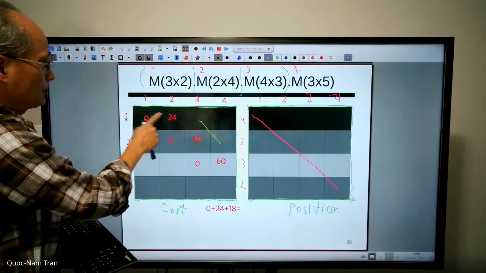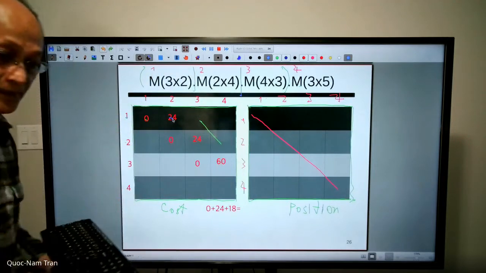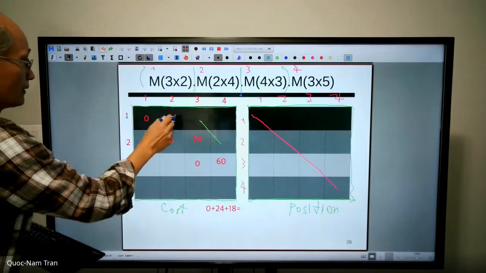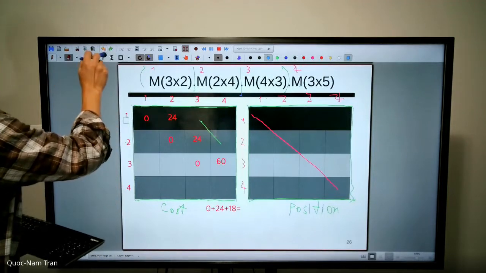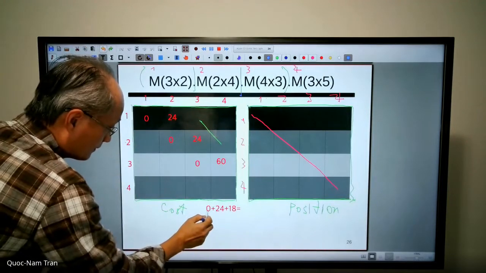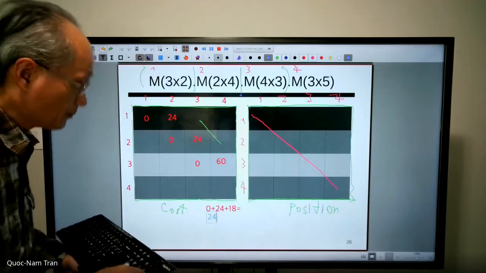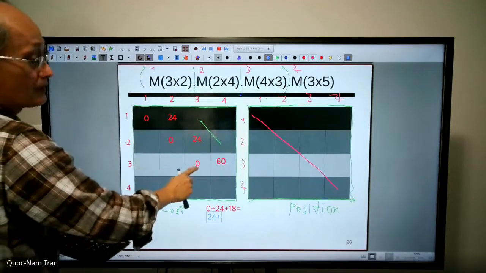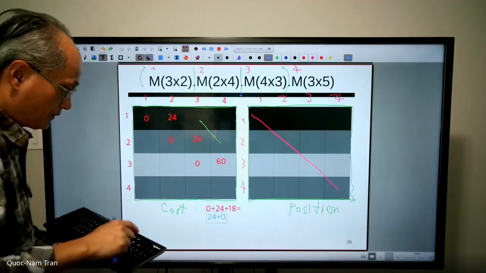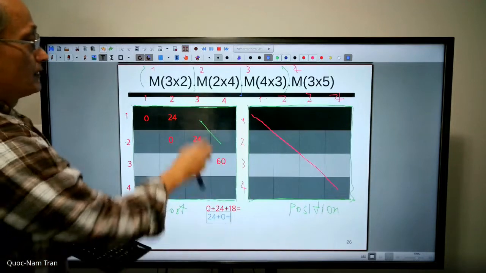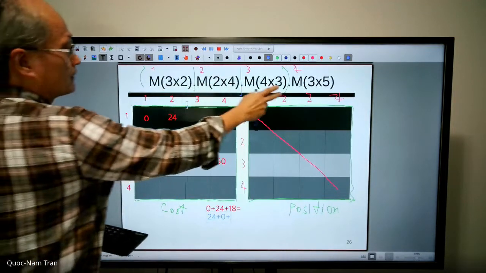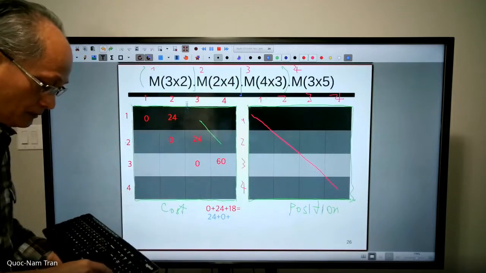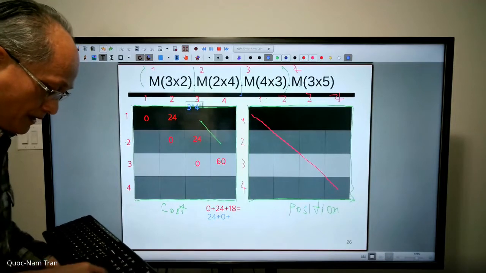We already have it. 1 to 2 is 24, right? 24 plus, 3 to 3 is 0, we know, plus what? The cost for multiplying them together is 3 by 4 by 3.